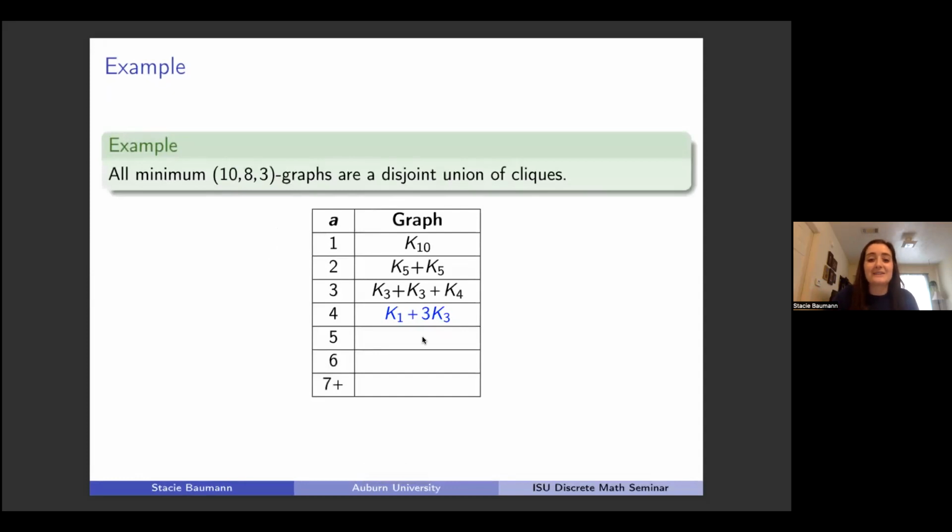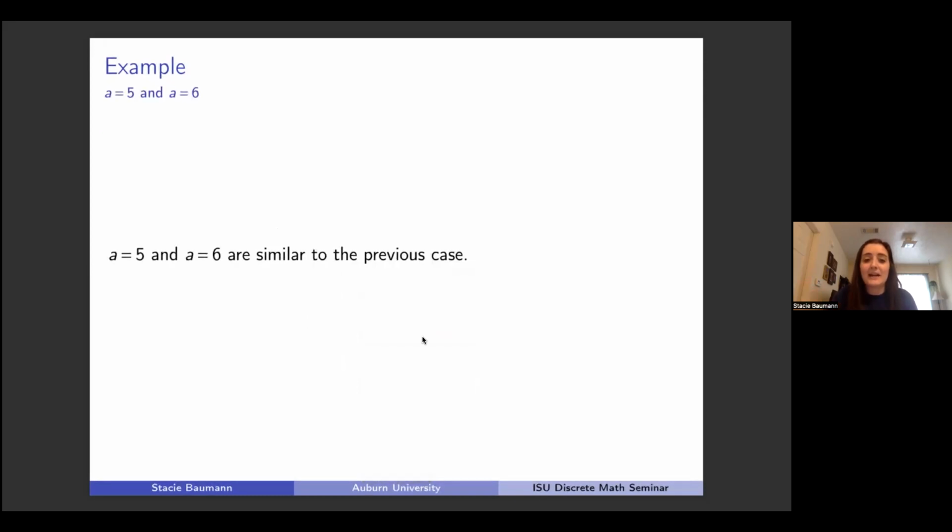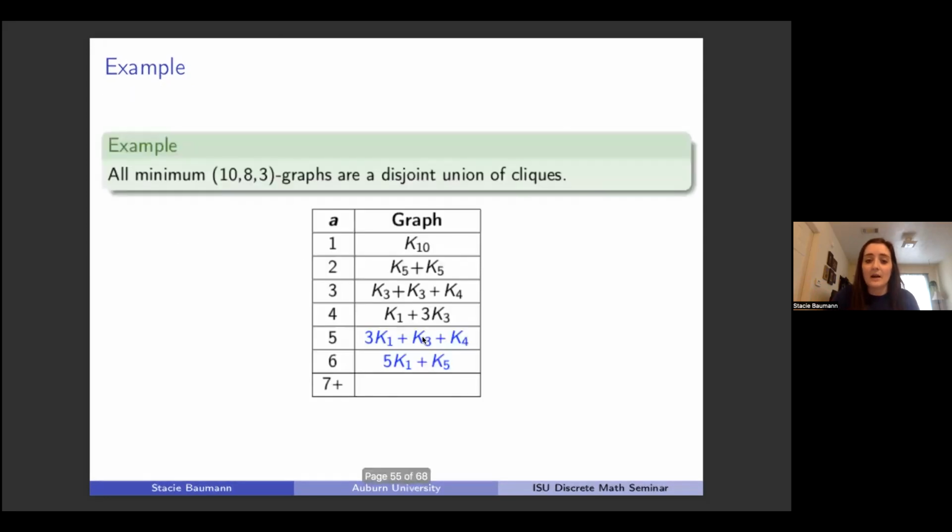Okay, so for independence number 4, we just showed that K1 plus 3K3 is the minimum graph. All right, and I'll save the time. For a equals 5 and a equals 6, those are pretty similar to the a equals 4 case. So you can do the same idea there with the independent set of size S, and you get those cases.